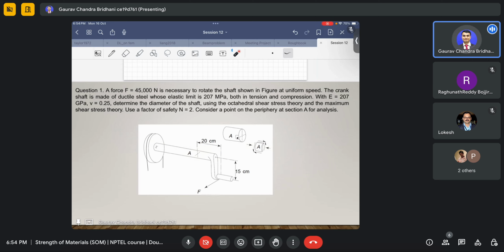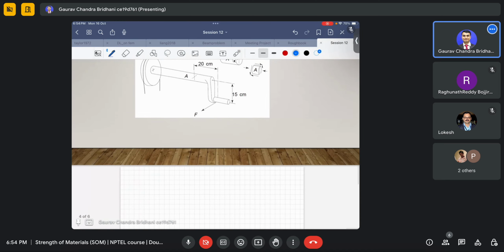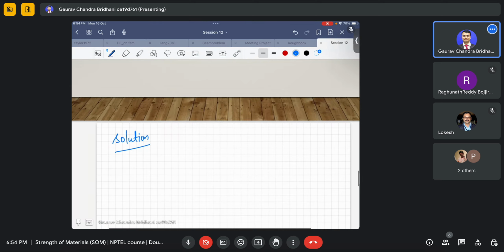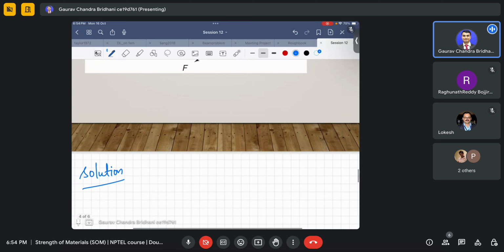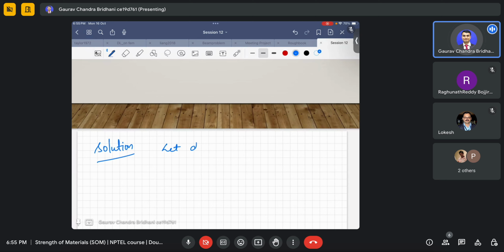Now we need to find the diameter of this shaft so that it doesn't fail in this way. Okay, so let's solve this one. First of all, it's a solid shaft, so let the diameter of the shaft be d.